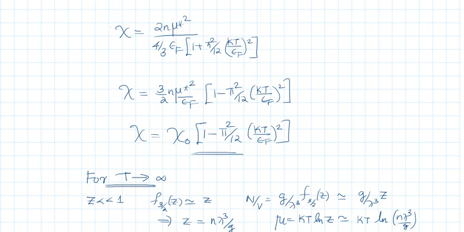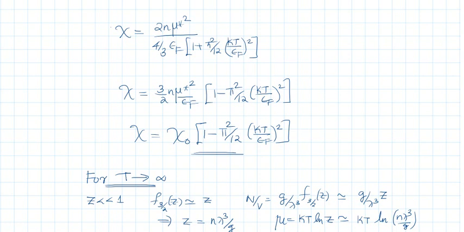So it is g by lambda cube into z, because f 3 by 2 of z becomes z. Take this g by lambda cube to the left hand side. So z equals small n lambda cube by g. Small n is nothing but capital N by v, the number density. Also, mu, the chemical potential, is kT log z. So it is kT log n lambda cube by g.